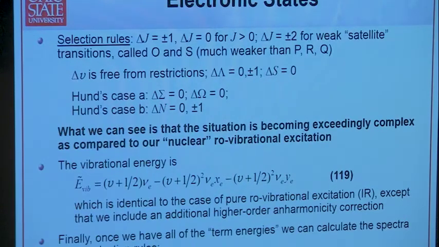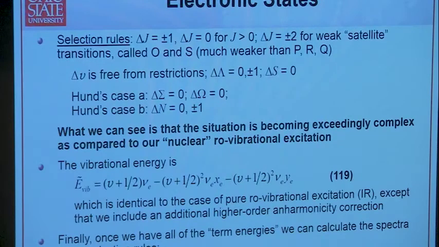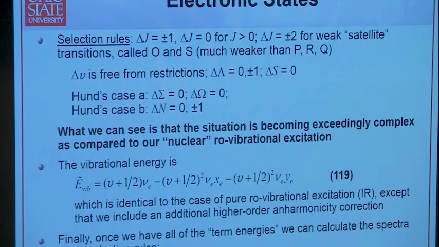Okay? So again, similar to the pure rovibrational excitation, we have our vibrational energy, which looks reasonable, except now we have another term. Okay? We have a higher order anharmonicity correction. But once we have all of these things, no matter how ugly they are, we can again predict where every one of these lines are.